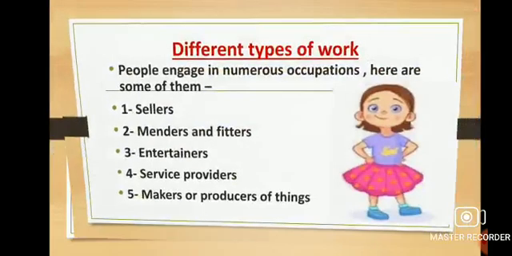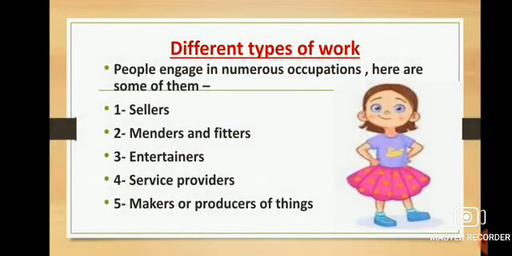Now the next topic of this chapter is different types of work. People engage in numerous occupations. Here are some of them: sellers, menders and fitters, entertainers, service providers, makers or producers of things. Children, people have different kinds of jobs.